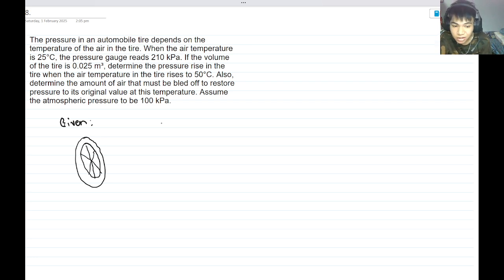But in this case, we can consider the tire to be a rigid body. So, when there's a rigid body, what we can assume from that is that the volume is constant. Okay, so this is an isometric process.